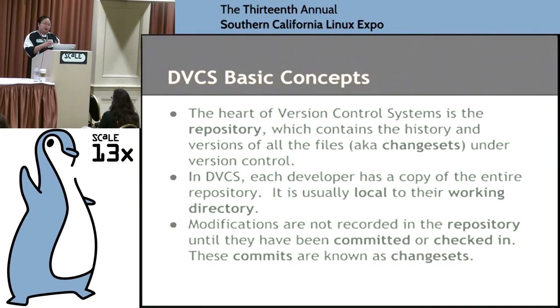It's all stored in the repository. And in distributed version control systems, it's usually stored with your working directories. The reason I'm emphasizing this is I have seen people get in trouble due to this, because the repository is often a hidden directory in your working directory. If you are using Git, it's a .git directory, which you wouldn't see unless you are always displaying your hidden files. And Mercurial is a .hg directory.